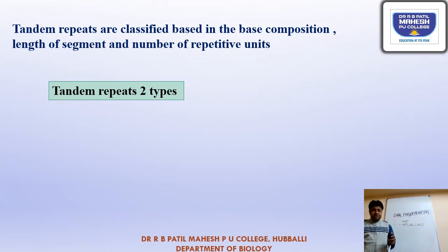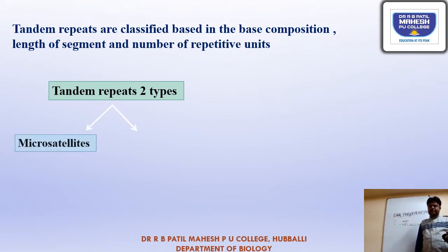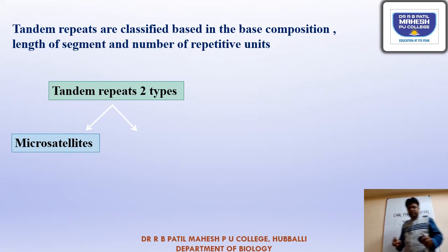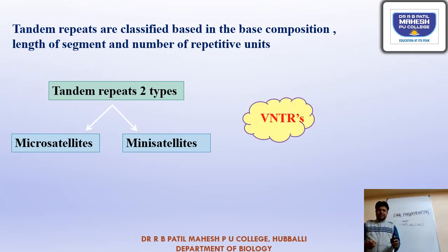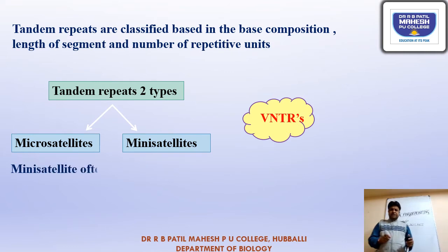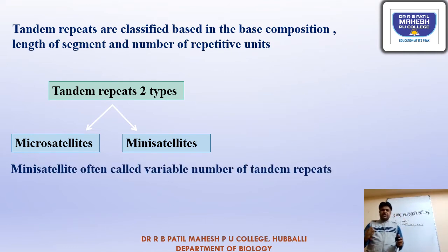So tandem repeats are 2 types. One is microsatellites, the second one is mini satellites. The difference is based on the number of base pairs or repetitive units. Mini satellites are often called variable number tandem repeats.